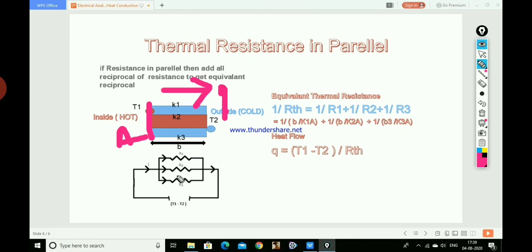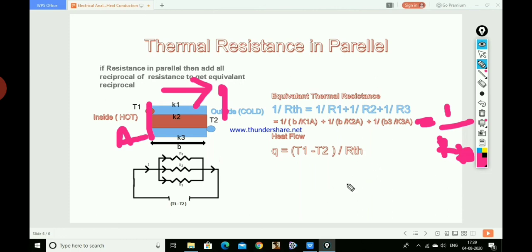Depending on this figure, all resistances are in parallel. That's why for the equivalent resistance, 1 divided by RTH equals 1 divided by R1 plus 1 divided by R2 plus 1 divided by R3. We put in the values and get the value of 1 divided by RTH.